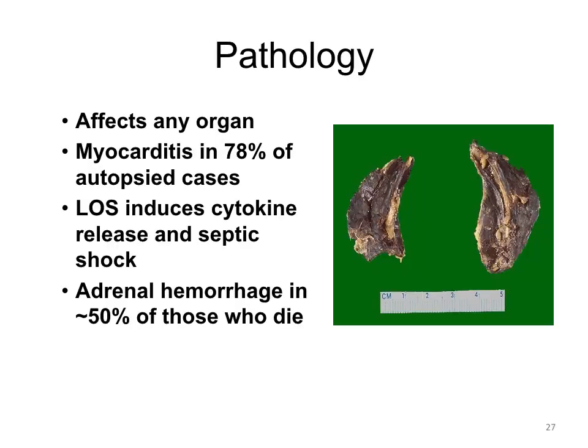Now, when severe, there is a high case fatality, as I mentioned, and it can affect principally any organ. In autopsied cases, myocarditis is present in the large majority. A lot of patients may die from septic shock induced by a cytokine storm.